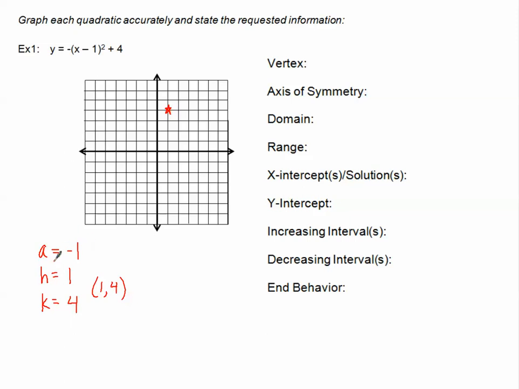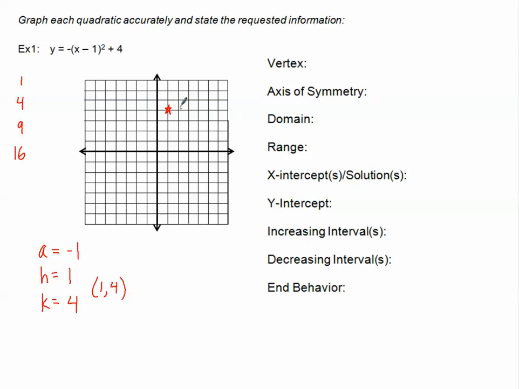Now the value of A, since it's negative, my outputs are going to be the exact opposite. So our regular value of A, which is a 1, would require our outputs to be 1, 4, 9, and maybe 16 if we can get there. Remember, these are all the perfect squares, and that's what happens when we're squaring. So when we input a 1, which means go to 1 on either side of the star, we would output a 1.